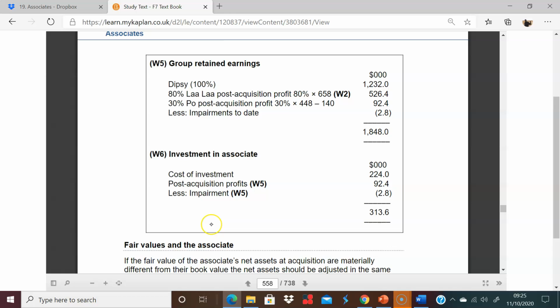Because we've lost 2.8. It's impaired. It's a loss. So basically, debit retained earnings, credit the investment with 2.8. So these are the only new adjustments here. That's the profit, of course, 92.4. Credit the retained earnings with your share of profit and debit the investment. So quite, I think, some very straight, clear adjustments on the whole at the beginning.